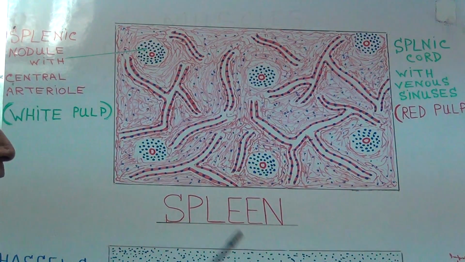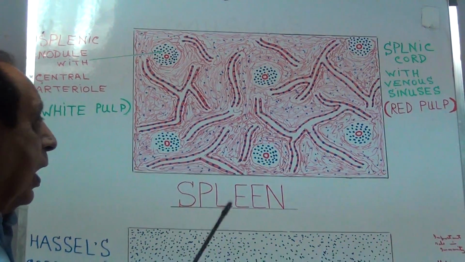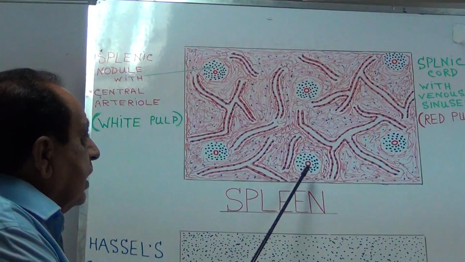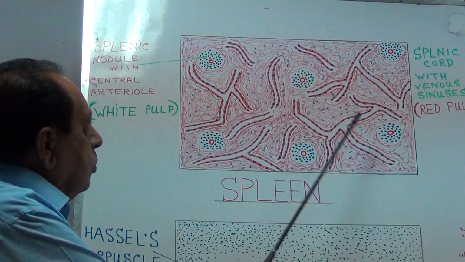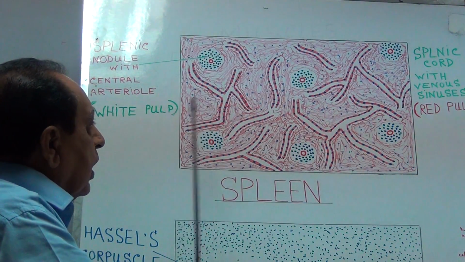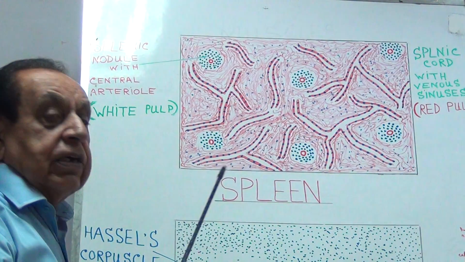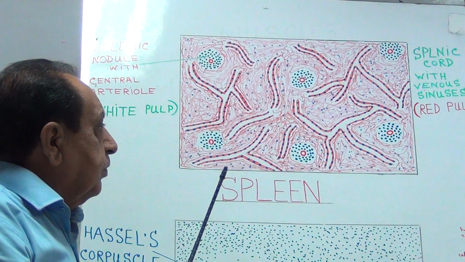First of all, the white pulp of the spleen. Now, this white pulp contains lymphatic nodules, and through these lymphatic nodules passes the central artery.